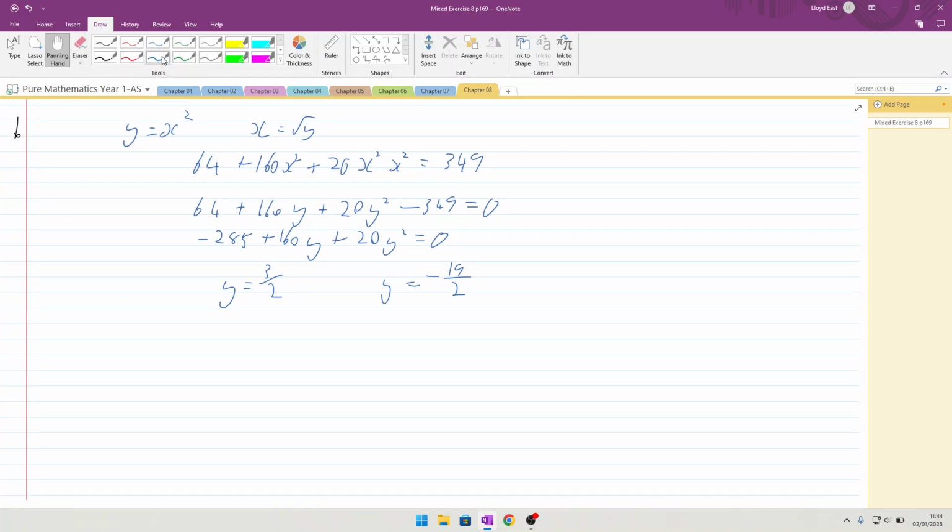And since x squared is equal to y, I can now say that x squared is equal to 3 over 2 and x squared is equal to minus 19 over 2.